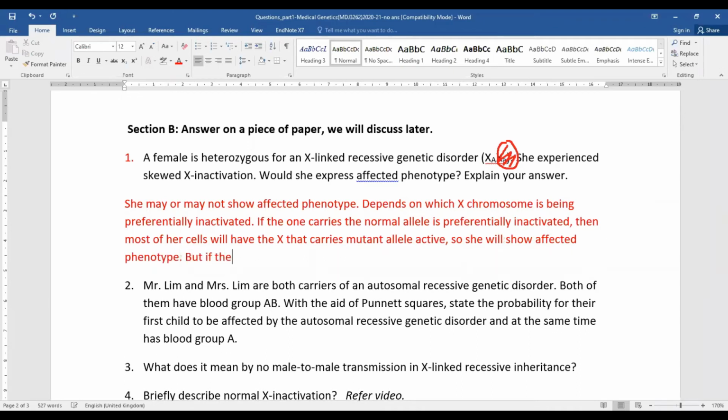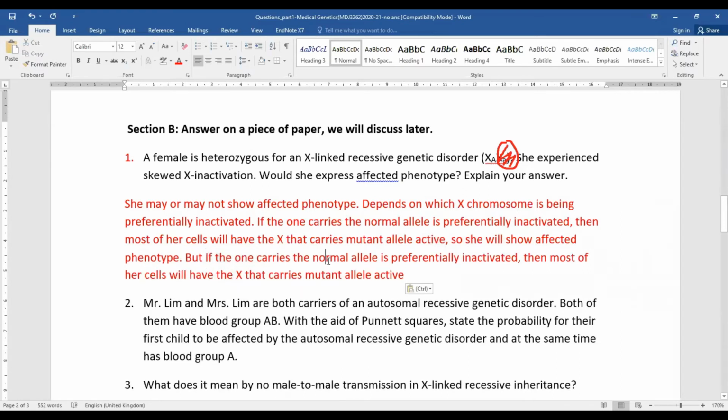But if the one that carries the mutant allele is preferentially activated, then most of her cells will have the X that carries the normal allele active.